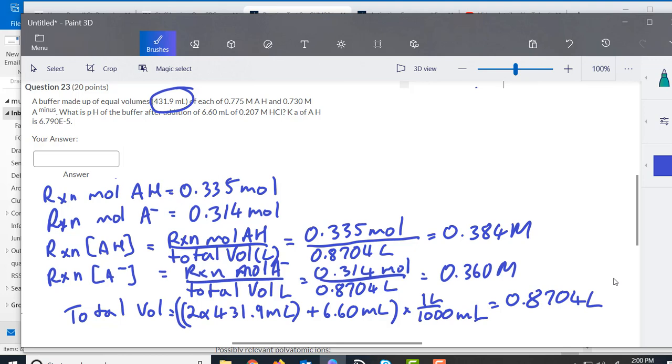Once we do that, we go ahead and set up a table so that we can calculate the pH of the solution. So now that we've got this, the reaction that's in play is this one, AH gives A- plus H+. Let me move that over a little bit.